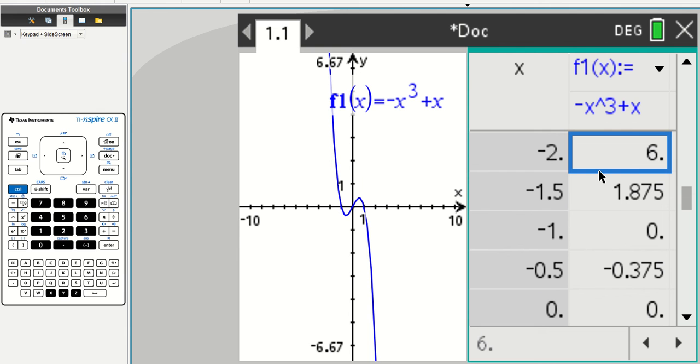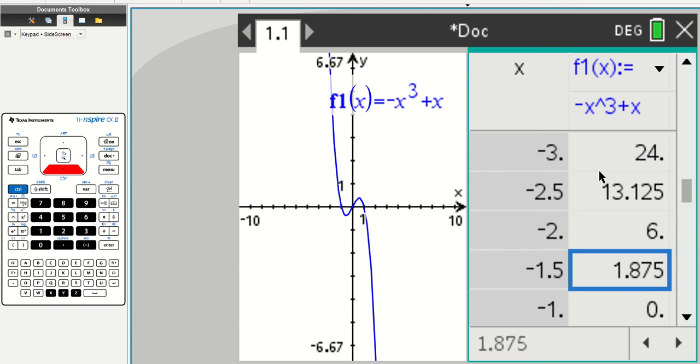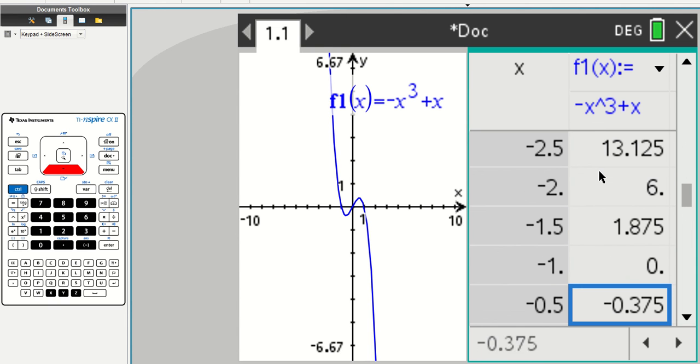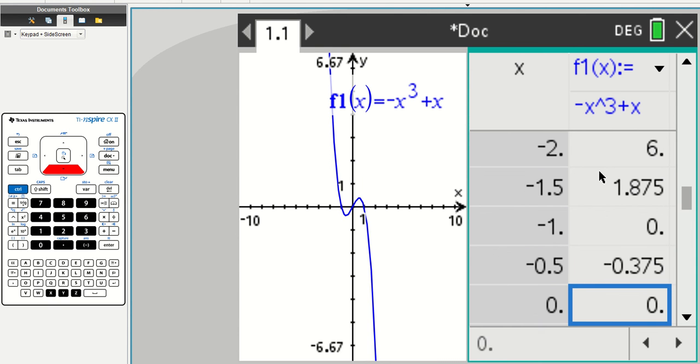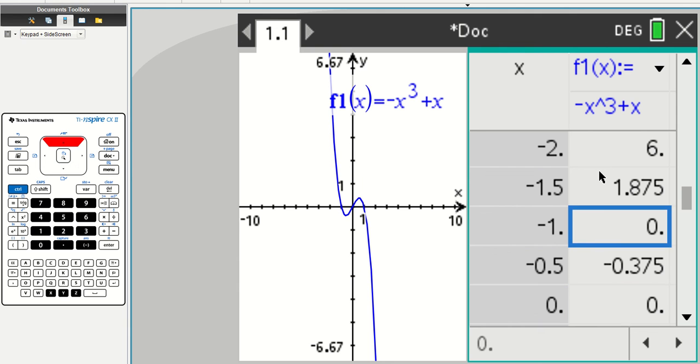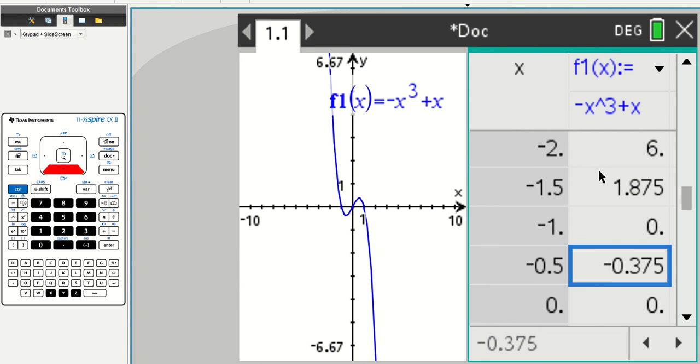And if you notice, as we go down, right, so as we get closer to the right, we're going from big number, smaller number, smaller number. So it's decreasing, decreasing, still decreasing. And then it went from negative to positive, which means here it was decreasing, stops decreasing, and now we're going back up.